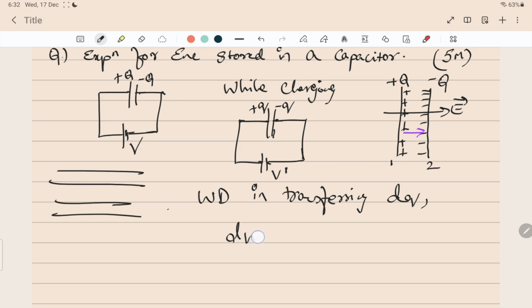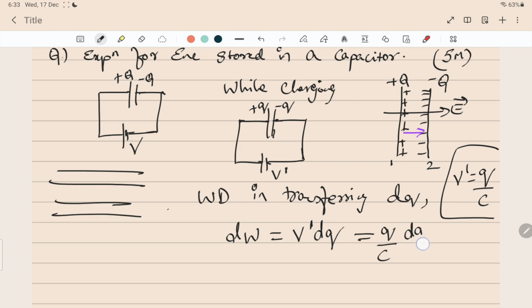That can be written as work done dW equal to V dash times dq. V dash is nothing but q by C from the basic. So here it comes q by C times dq. So this will be your equation.